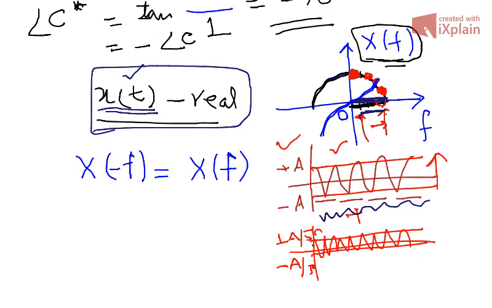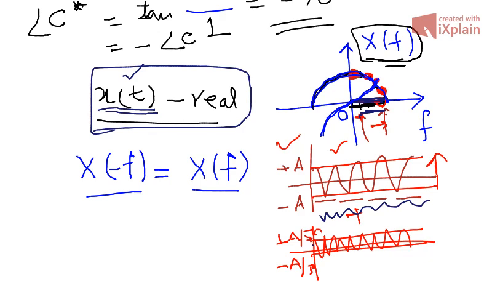You can find this property in this response. If you invert it, the mirror image will have the same X of f. Both are the same.